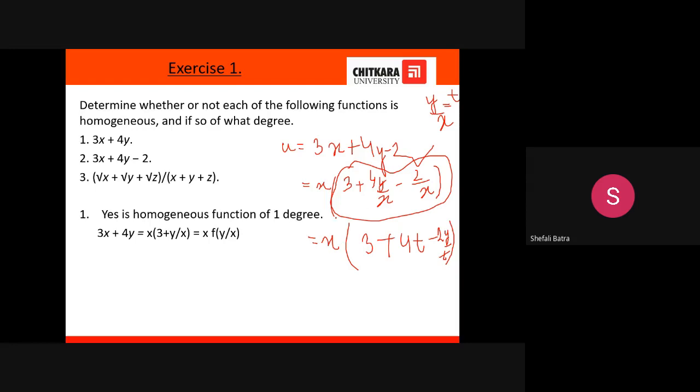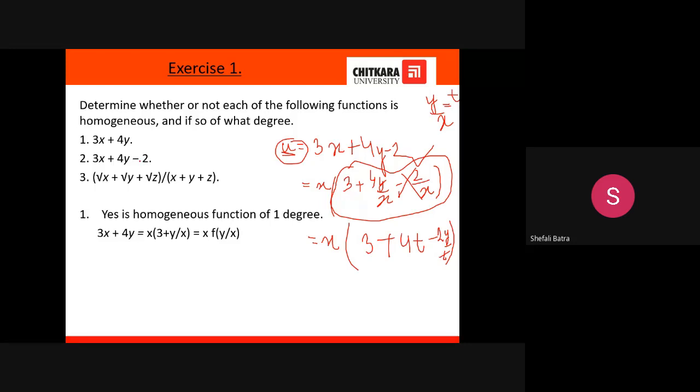So you cannot express this u as x power something into a function of y by x. Therefore u is not a homogeneous function. You know that it is not homogeneous because of this constant term, whose degree is 0. But that is the previous definition.